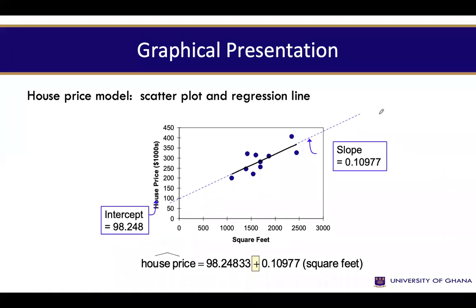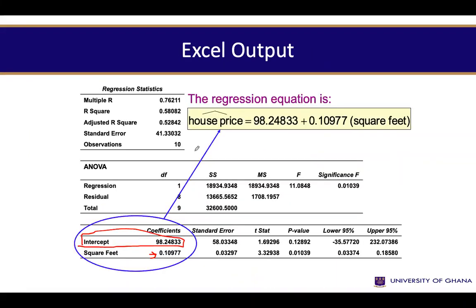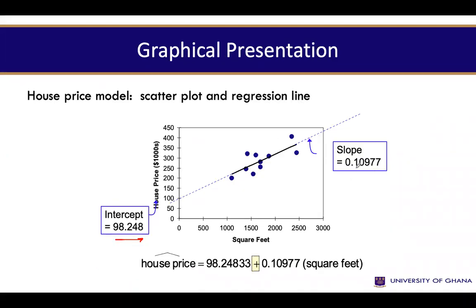And if you draw a line of best fit, is the line that has an intercept to be 98.248, right? Which is this one, and then a slope of 0.1097, which is that. Okay.